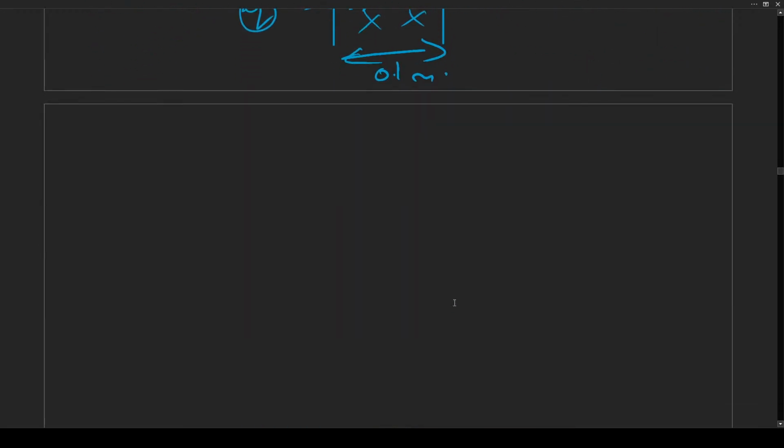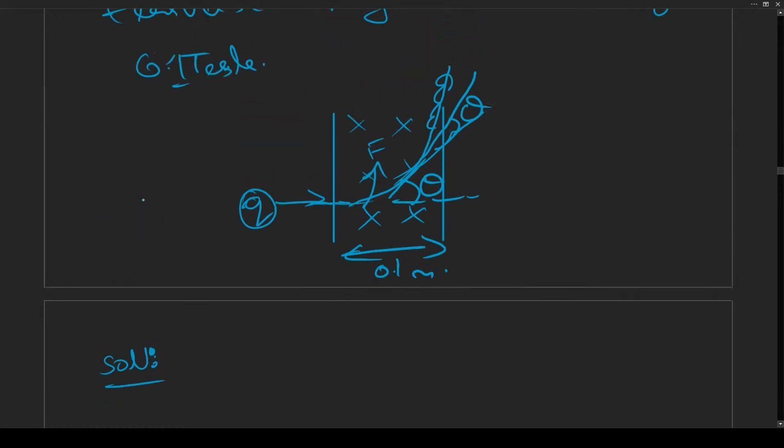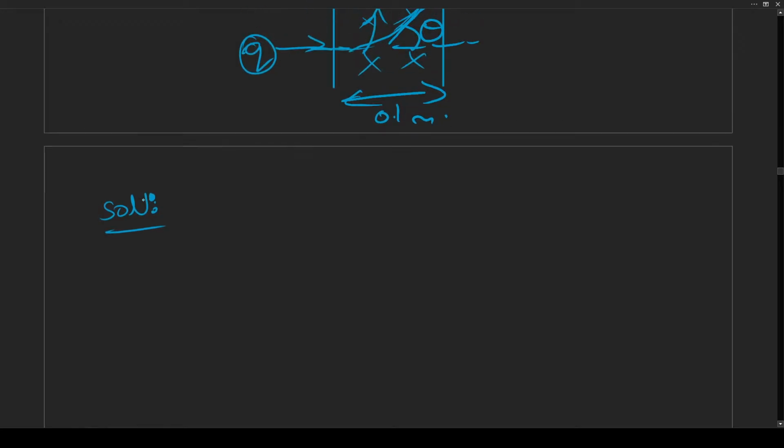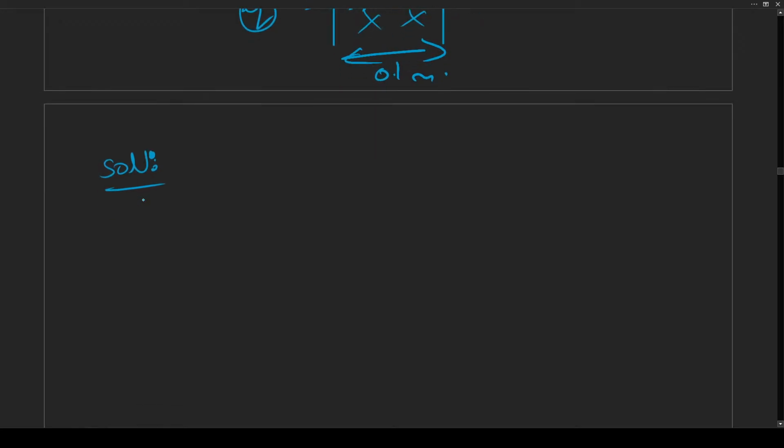Okay, then let's solve the question. They're asking us to find the change in direction of the particle after it entered this magnetic field. And velocity, which we can find by half mv square, which is equals to qV, or change in kinetic energy, which is equals to work done.